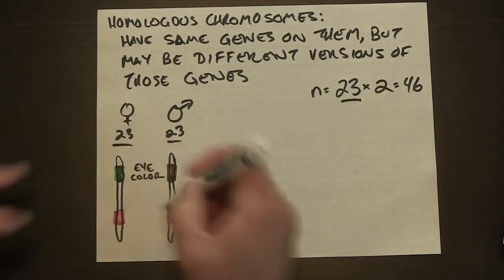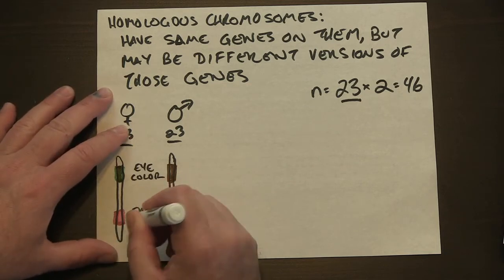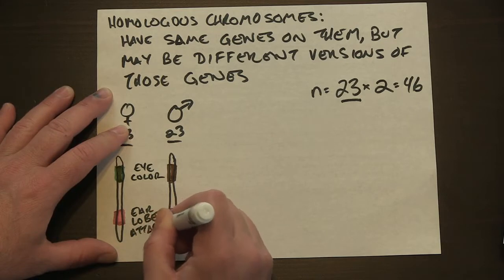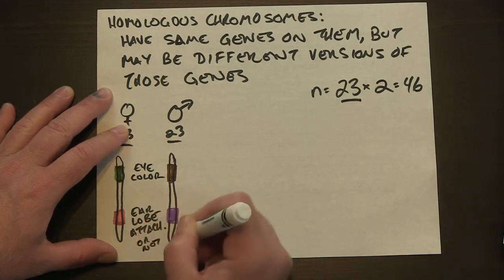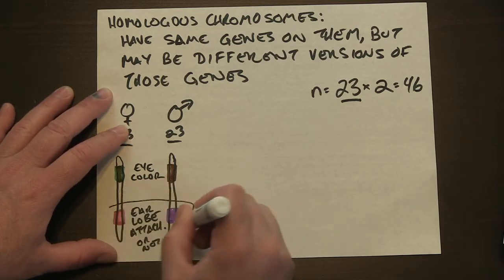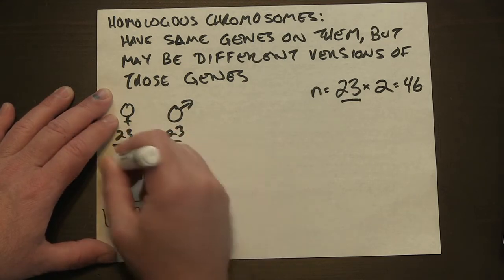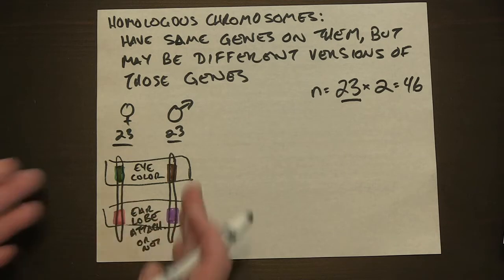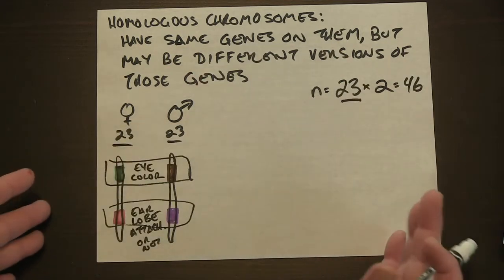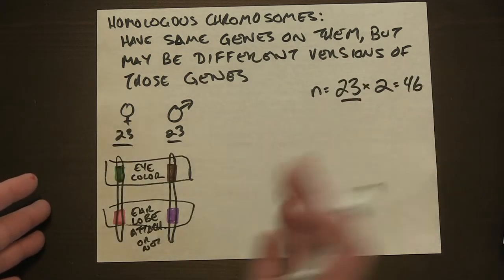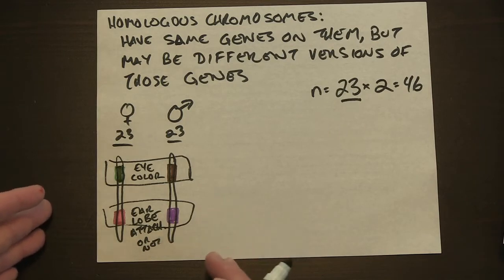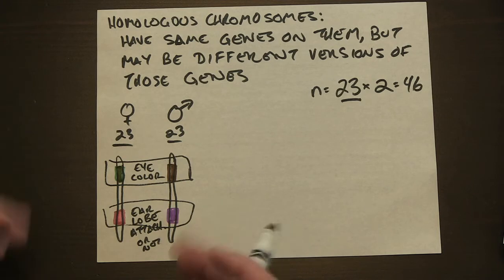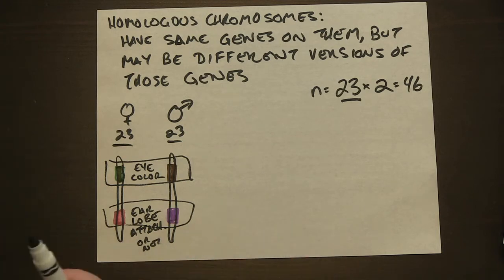So this is going to be the earlobe attachment or not gene here, and then the eye color gene here. Okay? And again, this is just one chromosome. You've got 22 others, or I guess 21 plus your sex chromosome, 21 others that have different genes for how many fingers you have, or how tall you're going to be, or how hairy you're going to be, or whatever those genes might be.